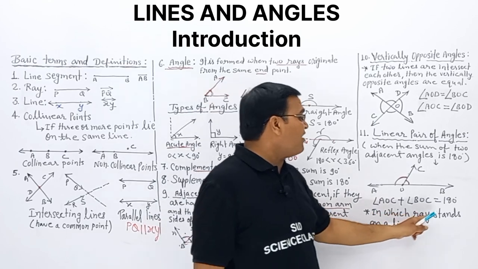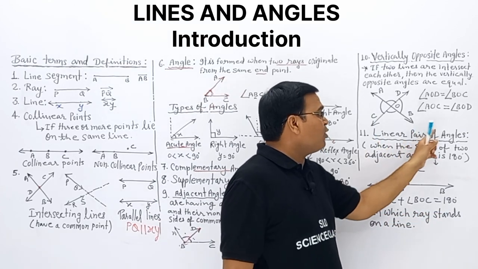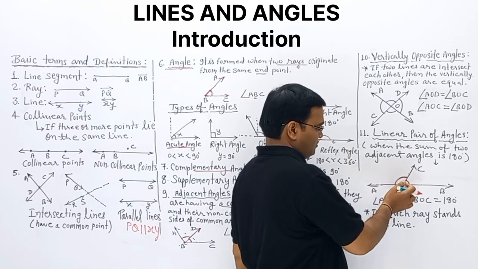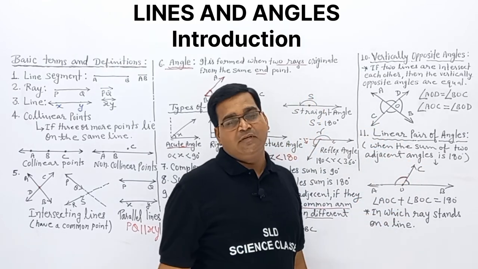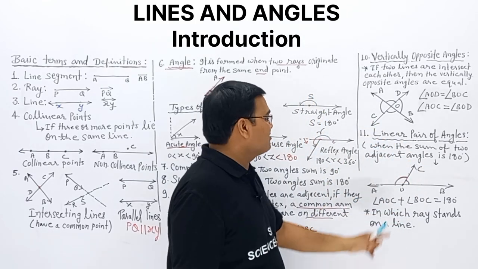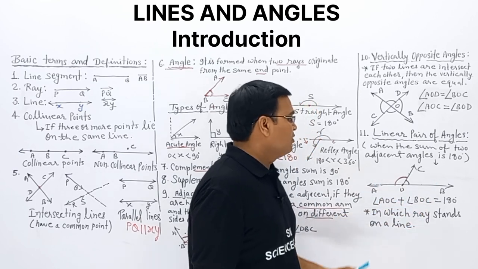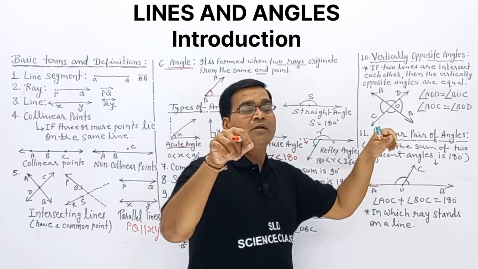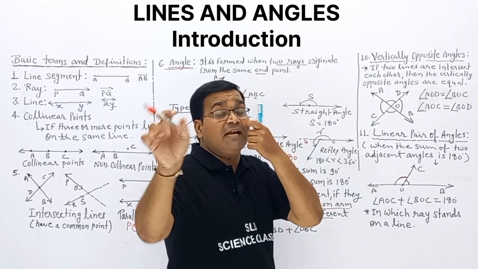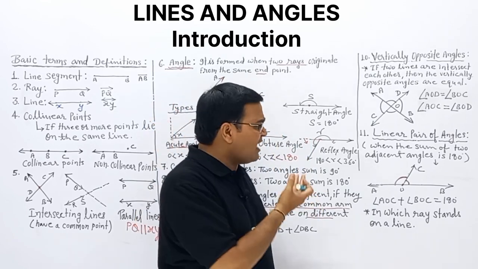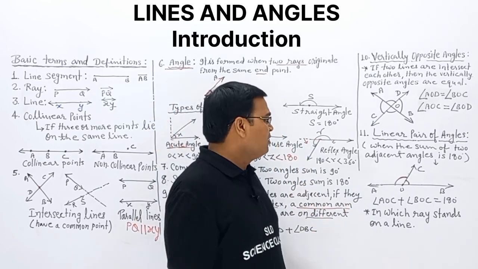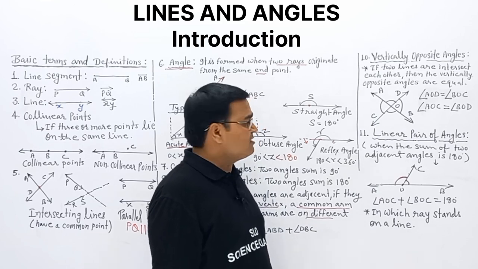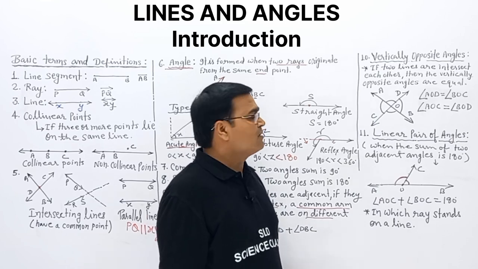In a linear pair of angles, the sum is 180, which means the ray, the common arm of the adjacent angles, stands on a line, a straight line. Once we have the straight line, only then can we observe these types of angles: adjacent angles, linear pair of angles.